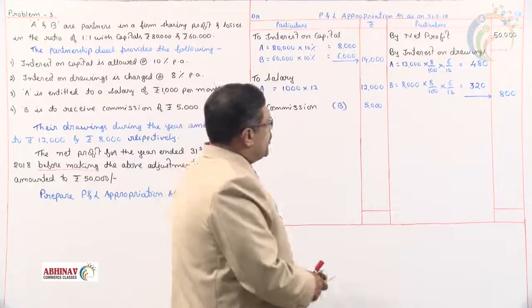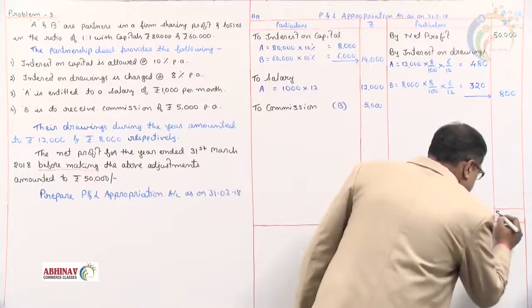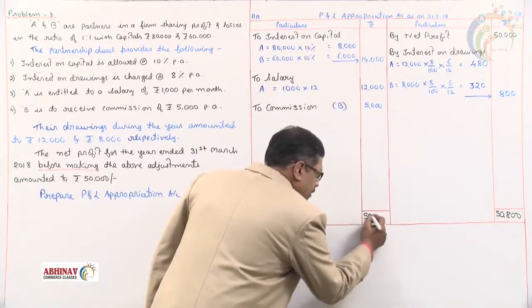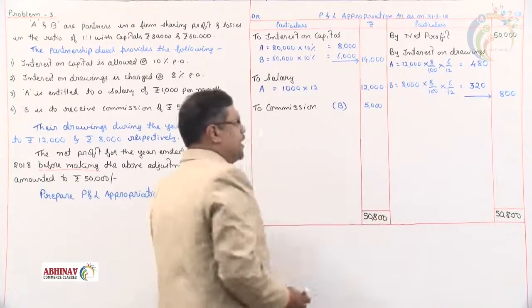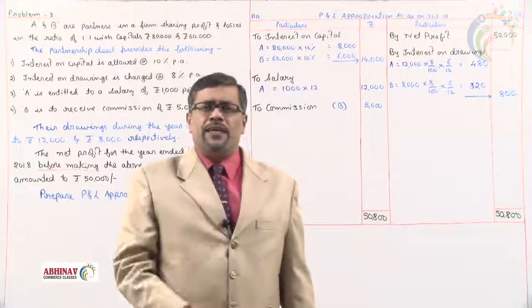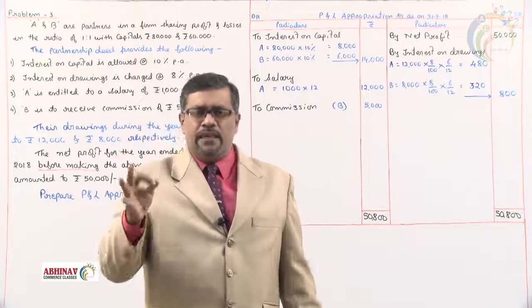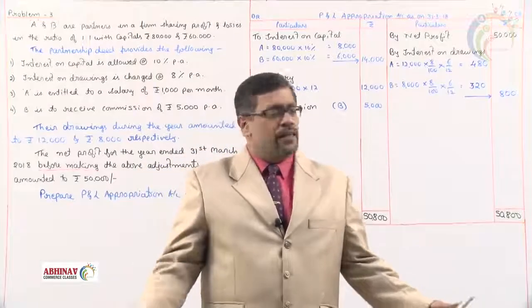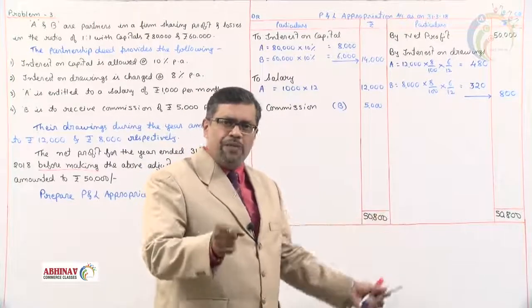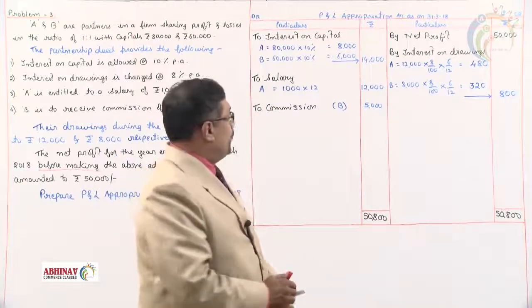Now, the total of the credit side is more. 50,800, which we write on both the sides of the account. Credit side total is more, that means we are going to get a credit balance. Credit balance means profit. And moreover, your income side is more means the balance is naturally the profit.